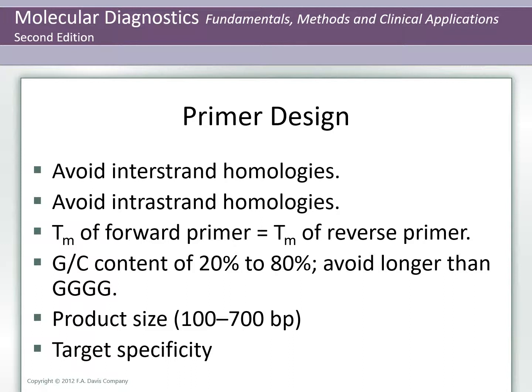Melting temperature can be adjusted by increasing the length of the primers or by placing the primers in areas with more or fewer G's and C's in the template. The GC content of the primer should be between 20 to 80%. The product size should be 100 to 700 base pairs. And the primer should be as specific as possible to the target of interest.